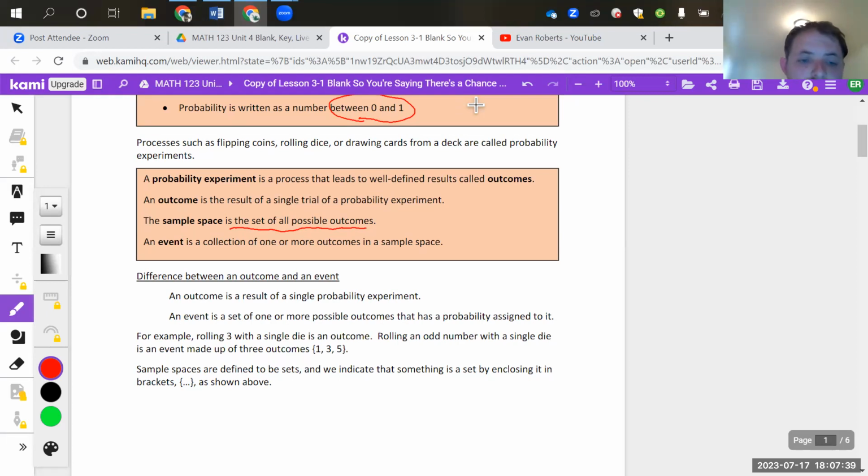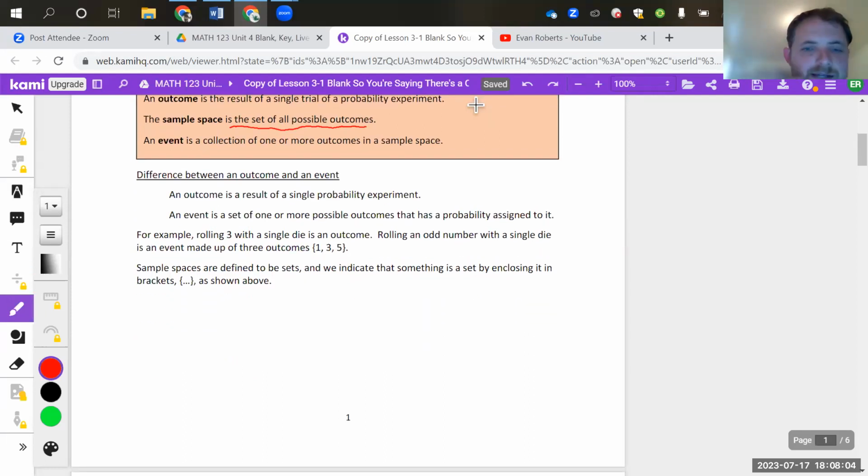And so it kind of breaks up here between rolling a 3 is an outcome, but rolling an odd number is an event that happens with multiple outcomes. Okay, so kind of the outcomes are within an event. I would say the outcome is the least important. In my opinion, you mostly just have to know the difference between an event and a sample space. Okay. A lot of words there.